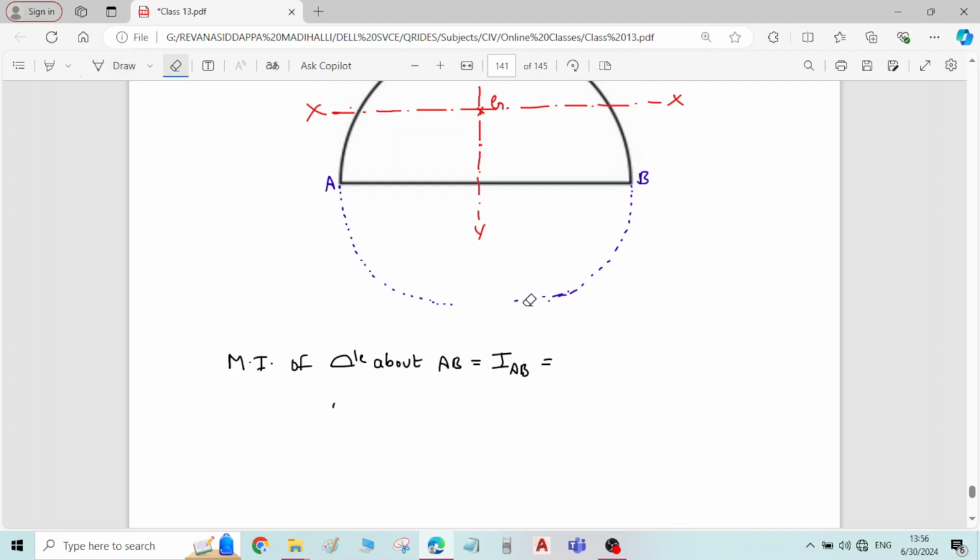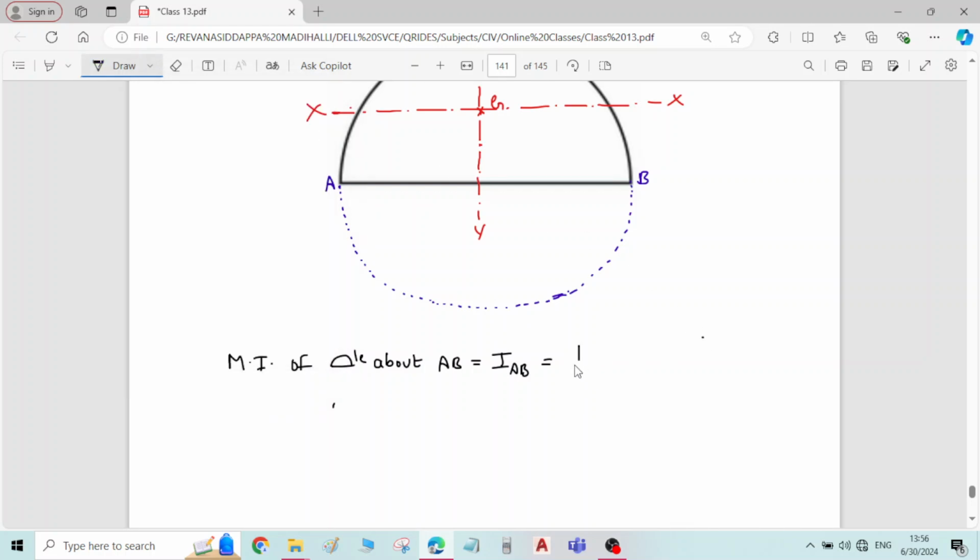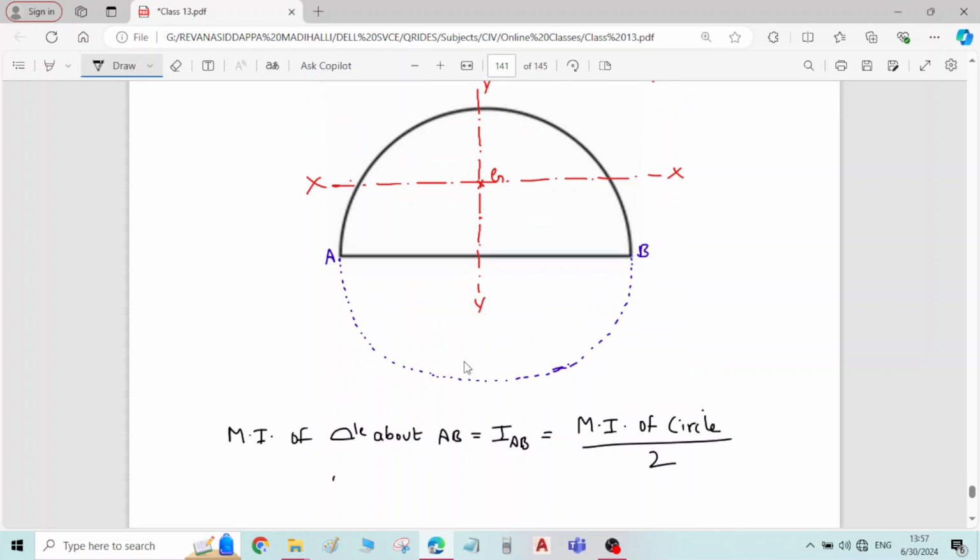Okay, it is IAB is equal to half of moment of inertia of the circle, or moment of inertia of circle divided by 2. Okay, moment of inertia about axis AB is equal to half of moment of inertia of the circle.